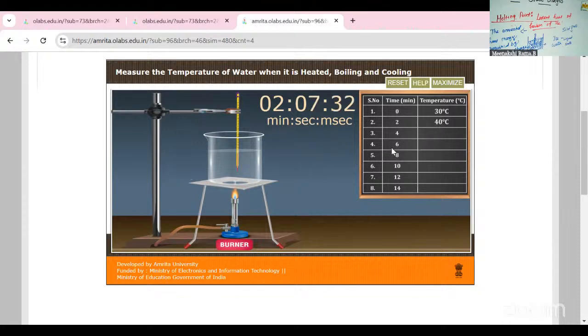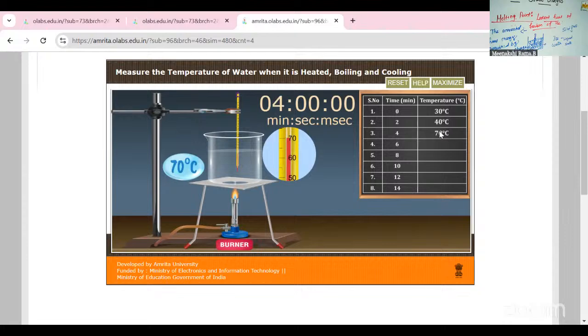After 2 minutes, what is the temperature level? We want to observe the temperature level with the help of the thermometer. Look at here. First, the initial temperature level is 30 degrees, and then after 2 minutes, 40 degrees is reached, and then after 4 minutes, the temperature level is, yes, 70 degrees.